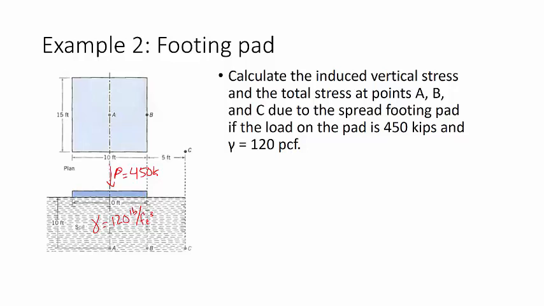And we are asked to determine at the center of this pad, at the edge of this pad, and at some distance 5 feet from the corner of the pad. So we must calculate the change in vertical stress at all locations and the total stress at each location. All right. And based upon what we learned in the previous presentation, we should be able to do this fairly easily.